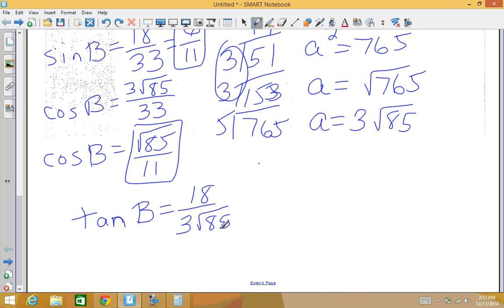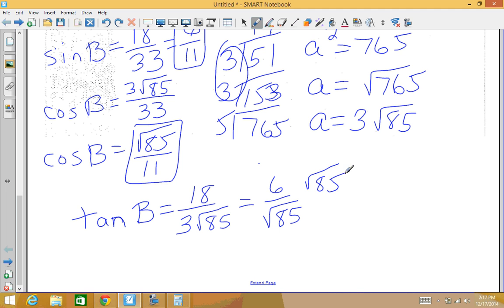Now, that causes us to have to do a little bit of extra work algebraically. First, we should reduce it if we can. So 18 is divisible by 3, so it should be 6 over square root of 85. Reduce first, and then we want to get the radical off the bottom.